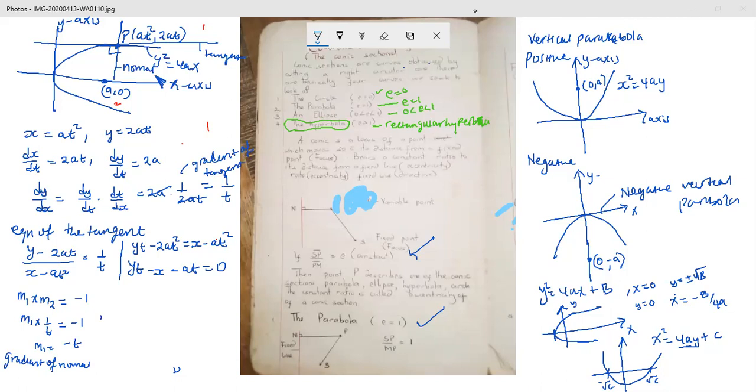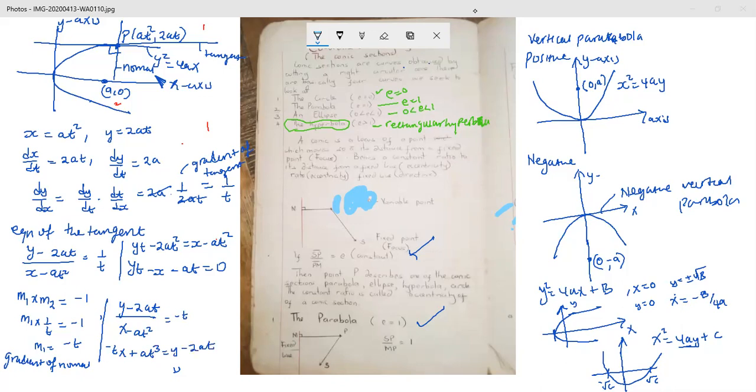So when I substitute, what will I have? I will use the same point, (y - 2at)/(x - at²) is equal to negative t, giving me negative t of x plus at³ is equal to y minus 2at.